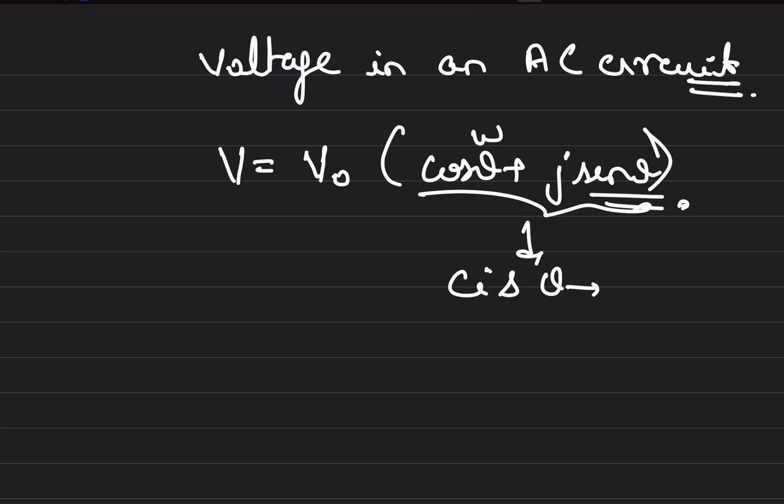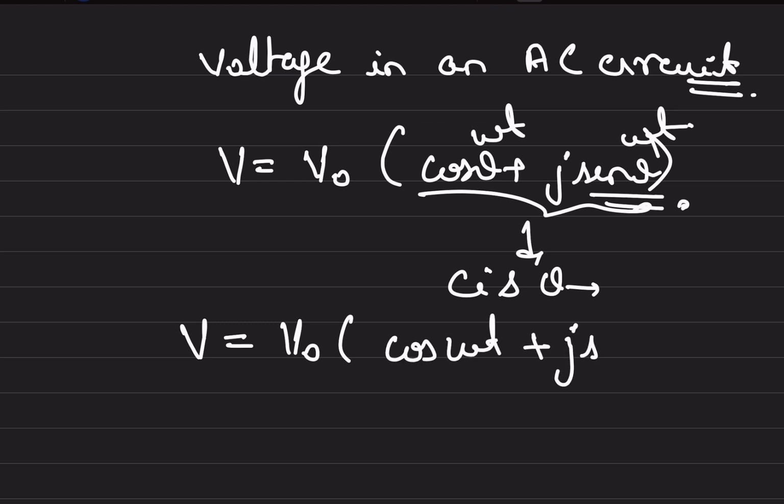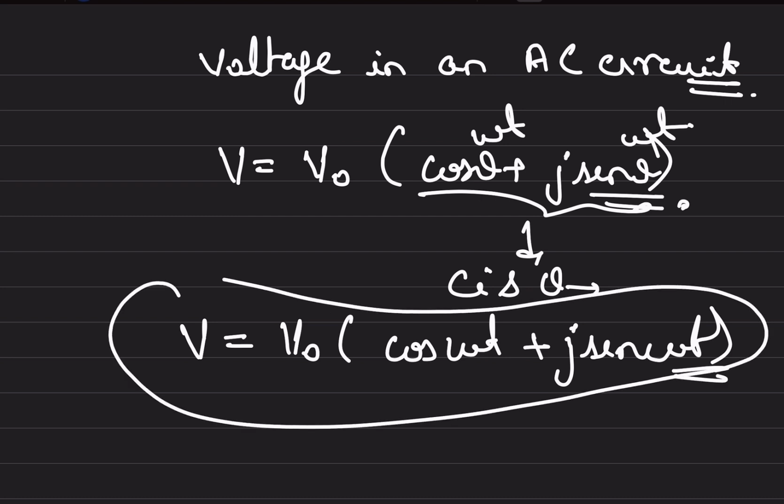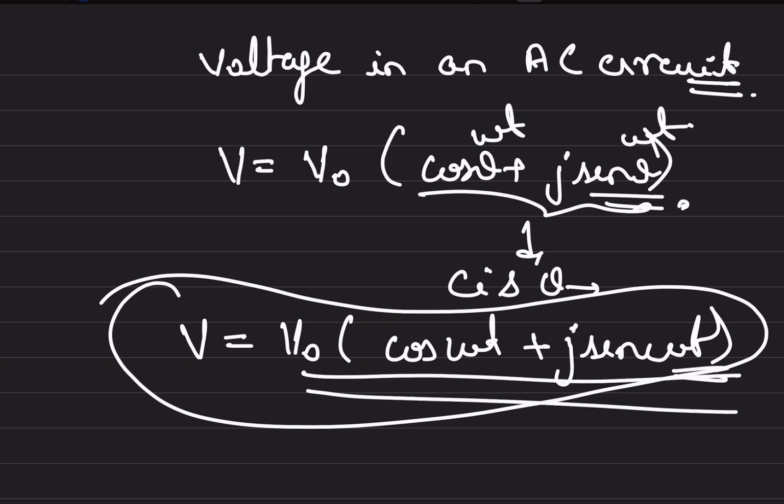Here theta is omega t. So V is equal to V naught (cos omega t plus j sin omega t), which is equal to cis omega t. So voltage becomes V equals V naught cis omega t.